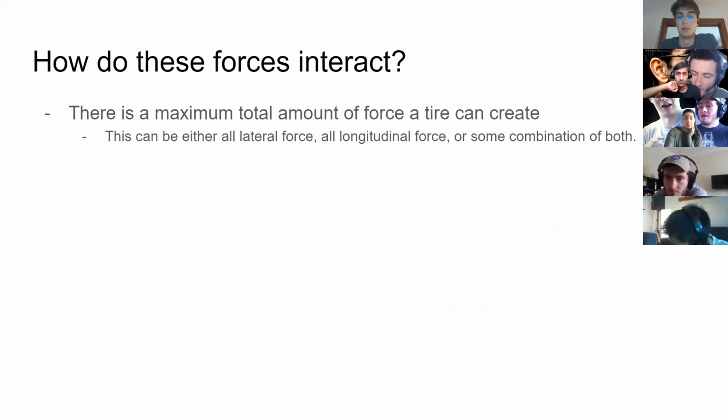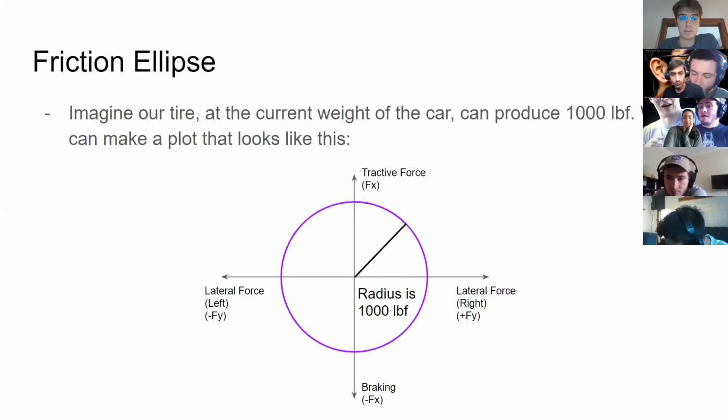That is because there is a maximum total amount of force a tire can generate. That total amount of force can get split up between longitudinal and lateral. You can imagine that's due to just how much a tire can stretch and deform before it loses traction with the road surface.